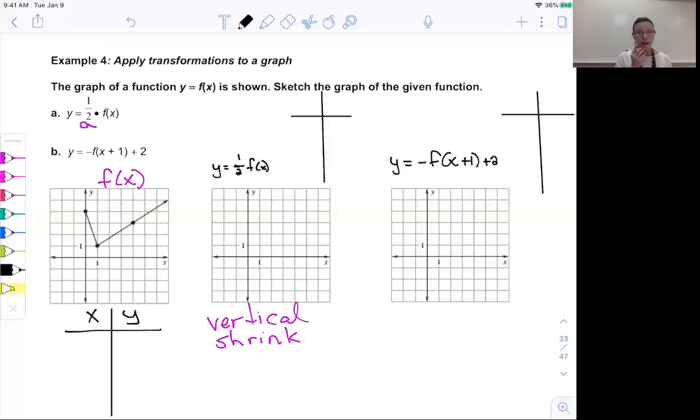Starting on the left, that point is at 0, 4. So I'm just writing the points that are plotted. My second point, the vertex, it kind of looks like a vertex, is at 1, 1. And then the third point on the right is 4, 3.